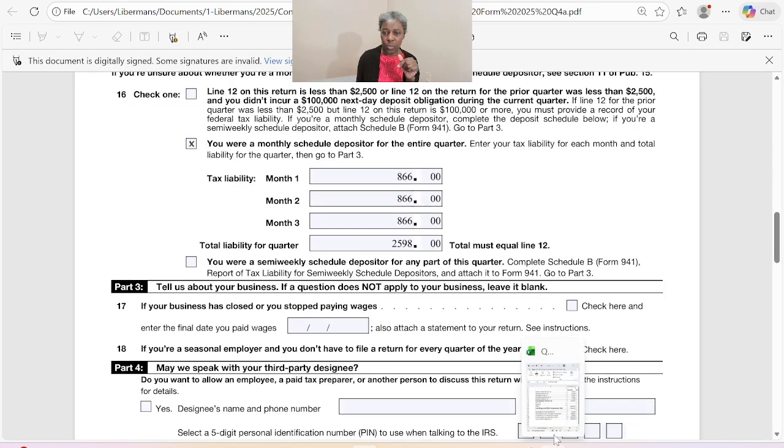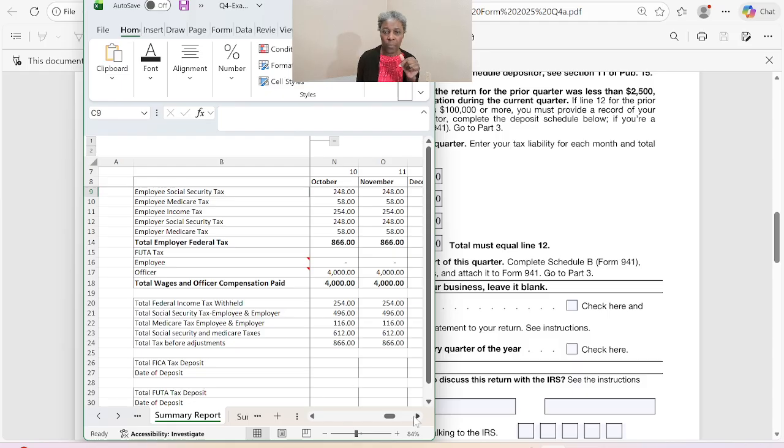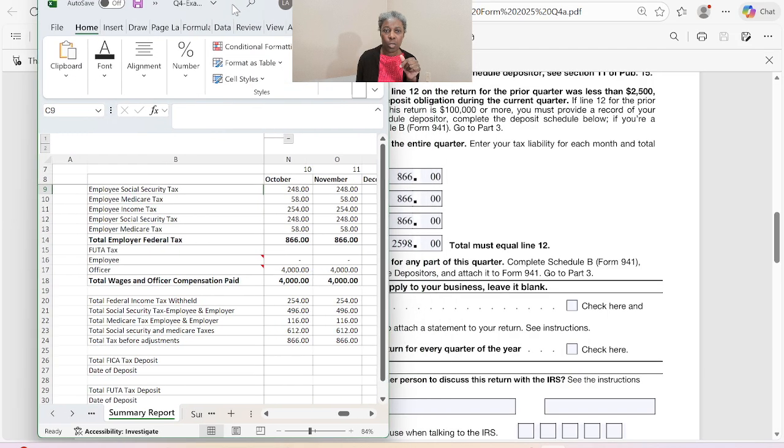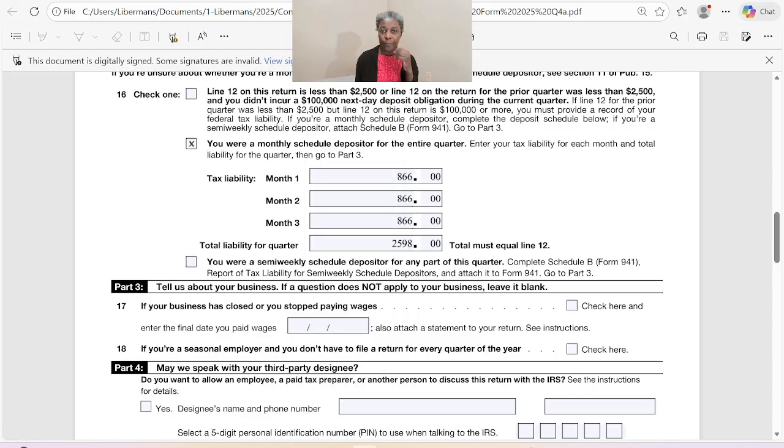So bringing our spreadsheet back again, we are going to go to the monthly report here. And then we have October, which is 866. We have November, and then we have December there. So the total will be 2598.